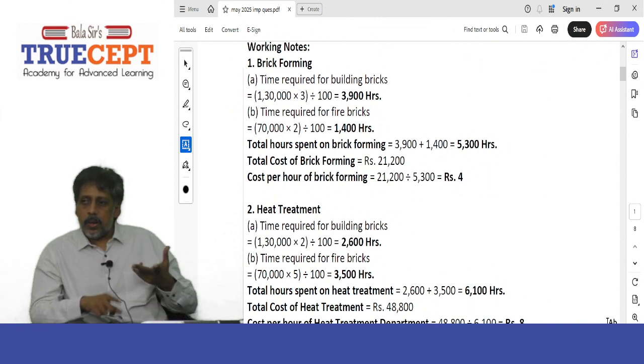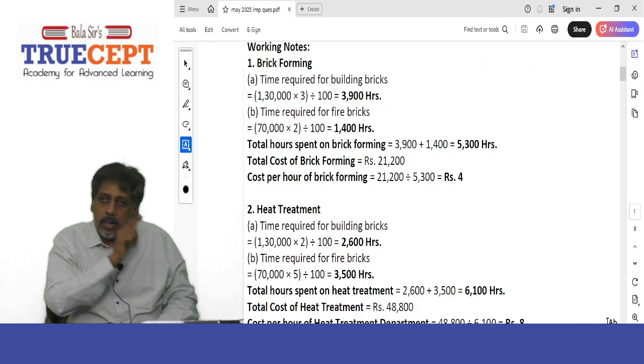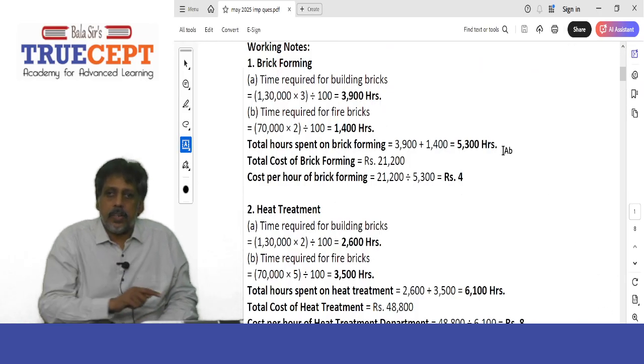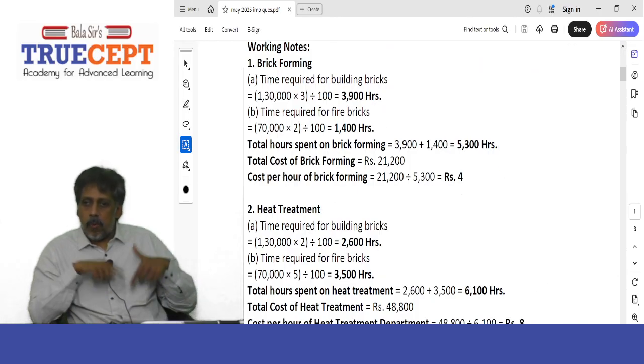What about fire bricks? Take 70,000 numbers into 2 divided by 100, which is 1,400 hours.